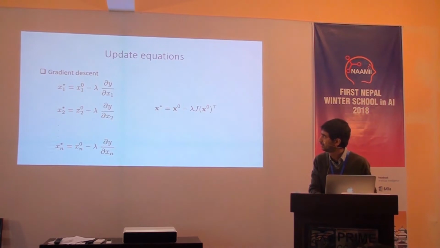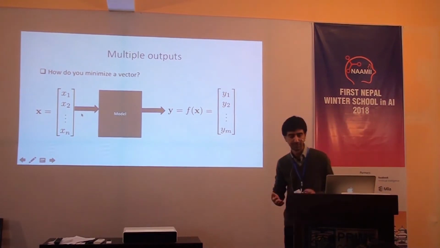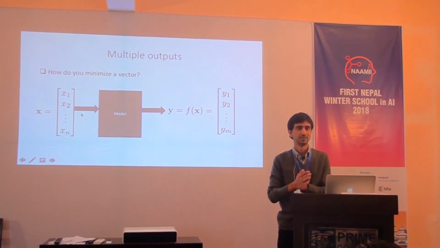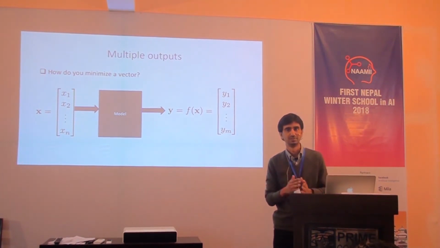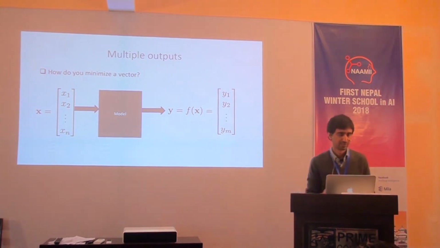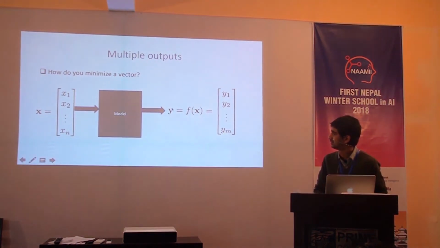But generally, what we do is we predict a vector, and we want to minimize the residual, the error in the vector prediction. And this, you can do by minimizing the norm of the vector, right? So if y is your error vector, you're predicting many things, and each of them has some error.